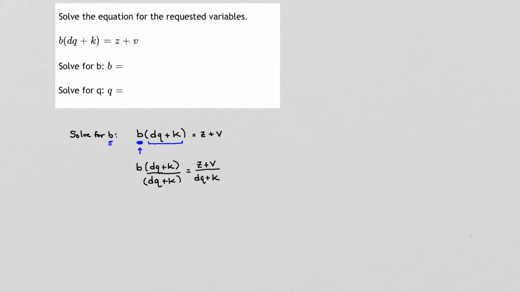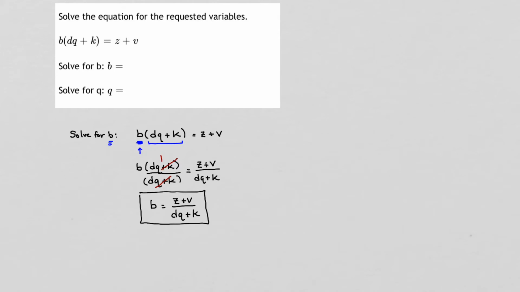That allows us to cancel that entire factor, since dq plus k divided by dq plus k is just 1, so that leaves us with B on the left side. That is, B is equal to the quantity z plus v divided by dq plus k. One quick and easy step, and we have now solved our formula for B.